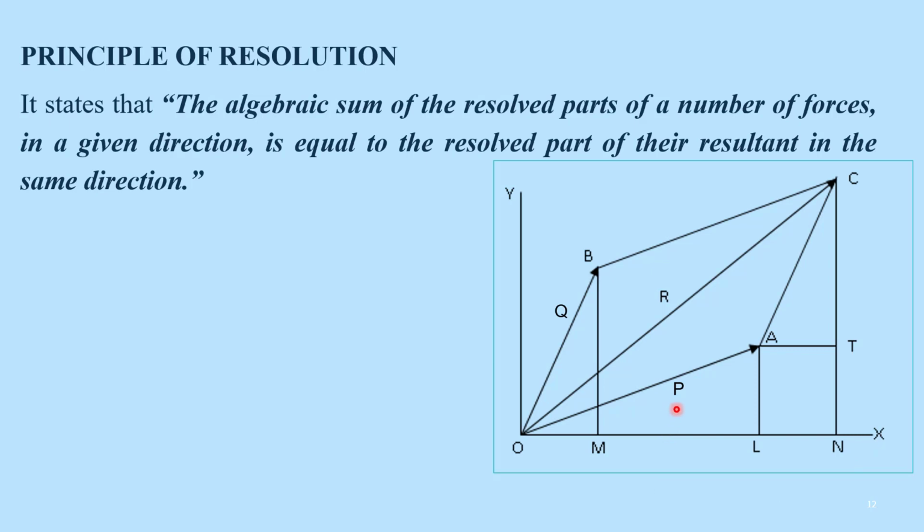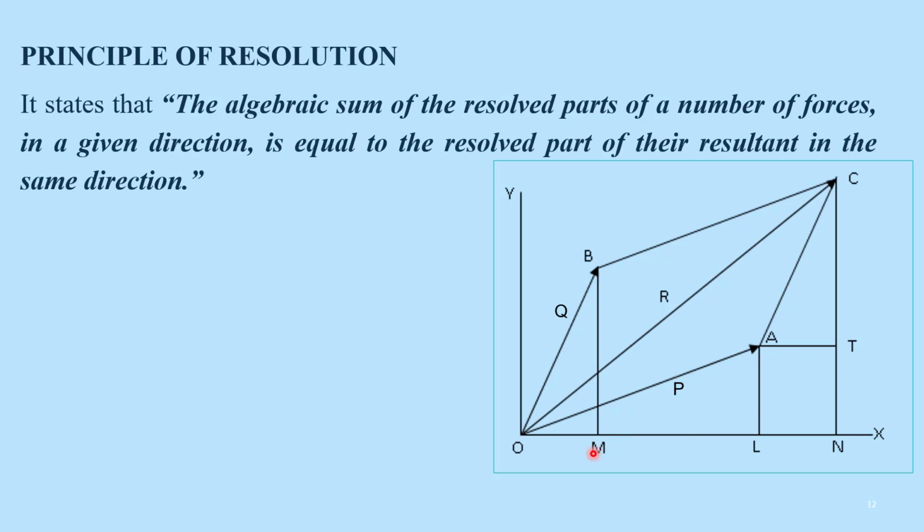Okay, so I have the force P, I have another force Q, and I have the resultant force capital R. I am going to resolve P along the x-axis, I am going to resolve Q along the x-axis, and I am going to resolve R along the x-axis. The component of P along the x-axis will be OL, right? From this triangle, OL denotes the component of force along the x-axis.